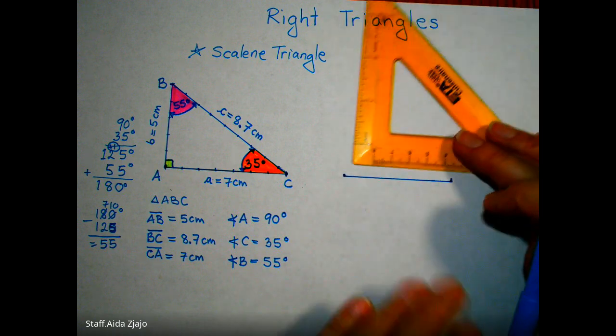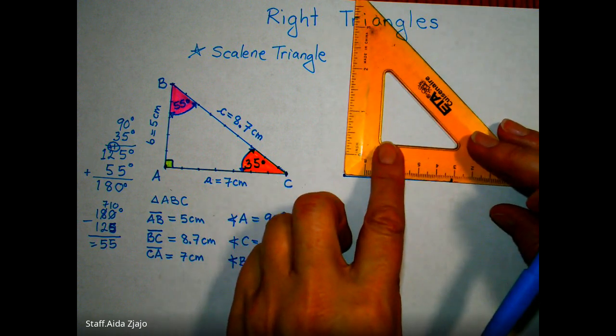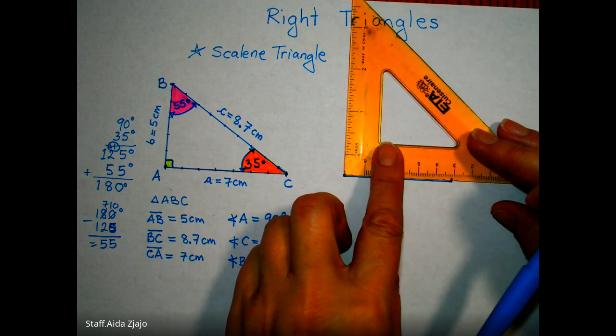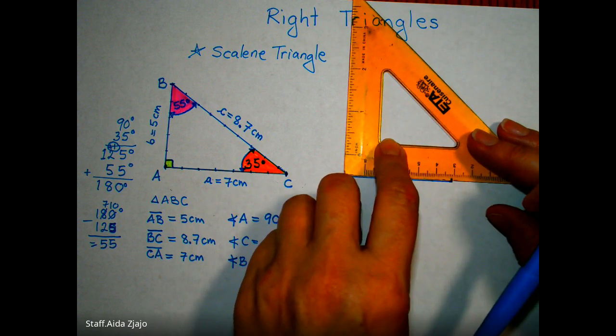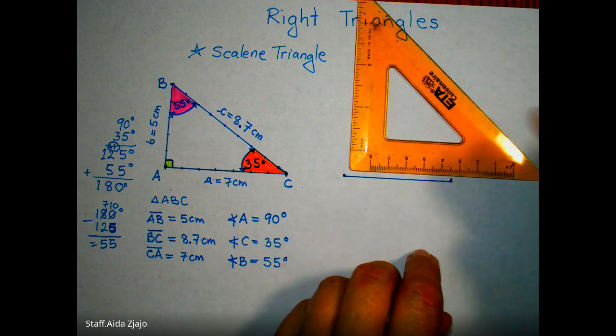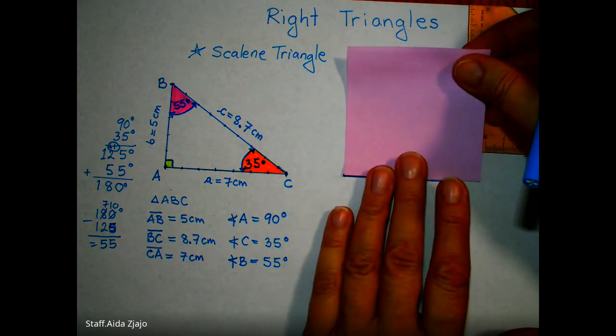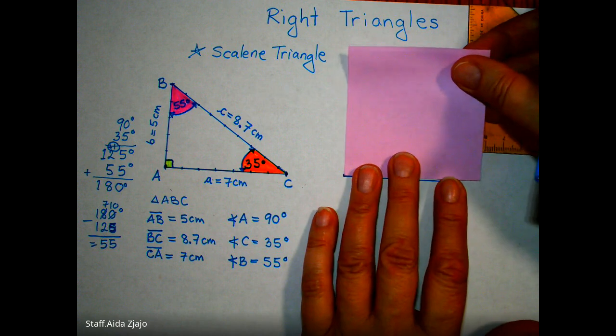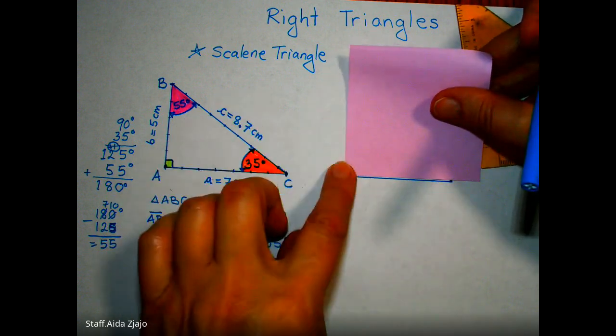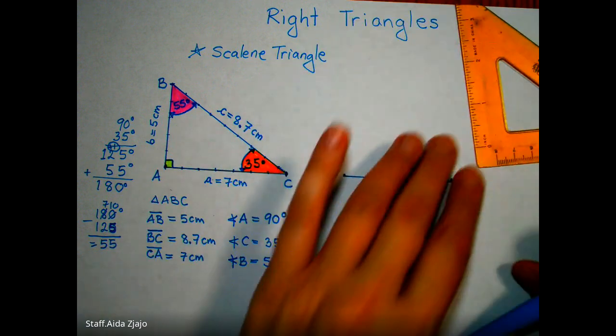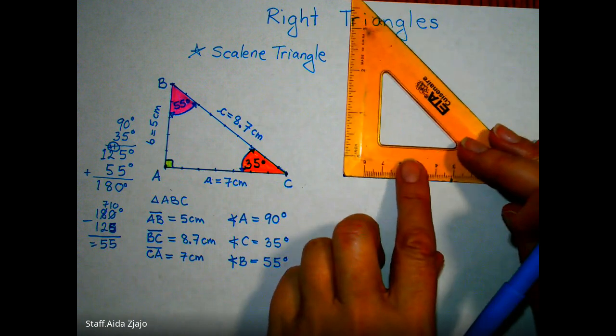So I'm going to use my ruler. I can use any edge that could work. It could be even my sticker. If I want to draw a right angle, it would be useful to do so.